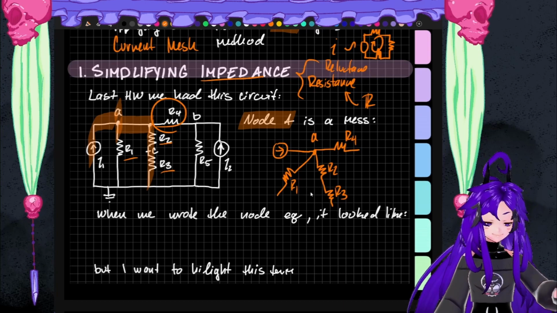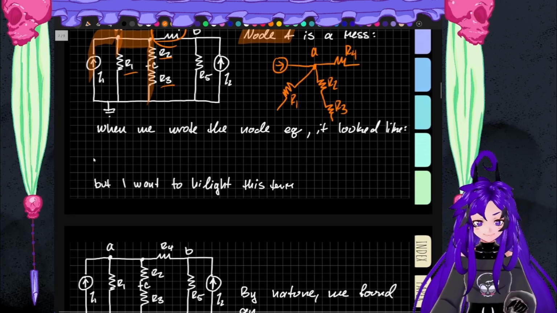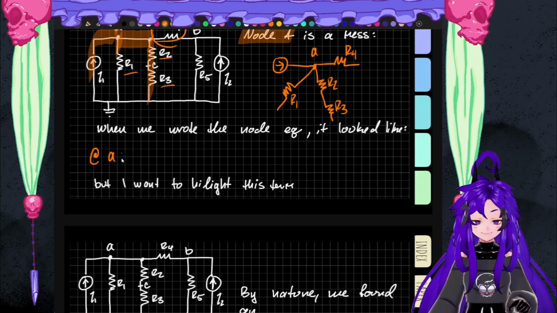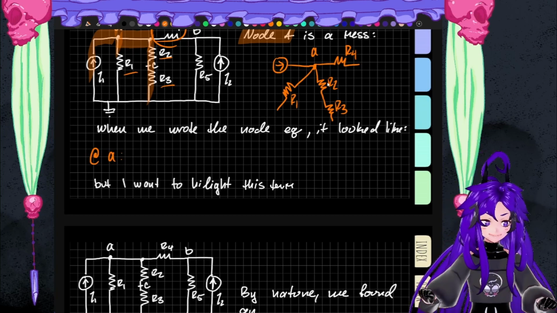Well, let's look at the node equation there, because you have already done a simple equivalent impedance.